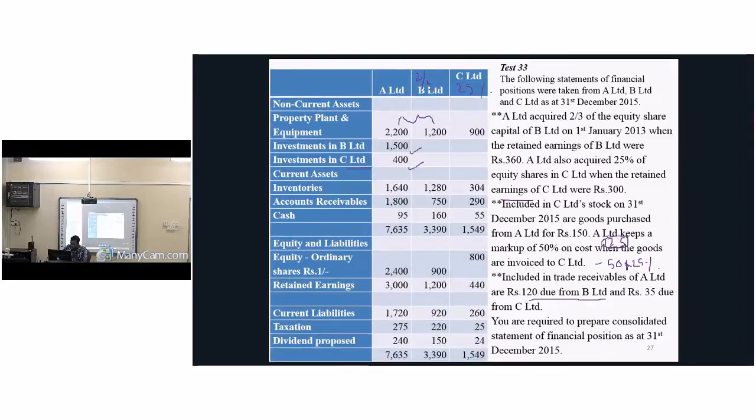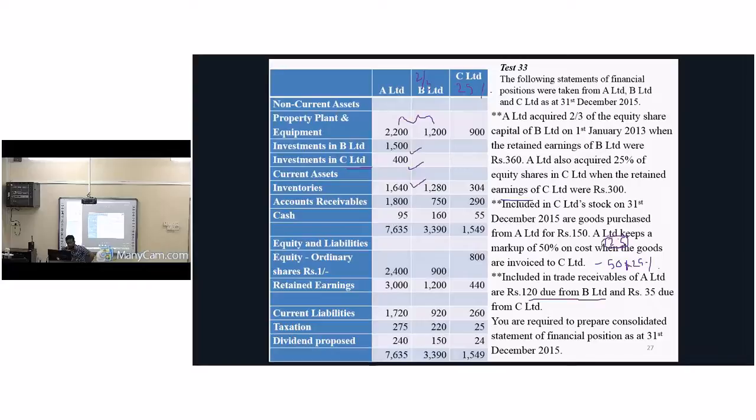Next line, inventories. Is there any adjustment for inventories? There is unrealized profit. But remember that the unrealized profit is not from the subsidiary or parent. It is from the associate. Associate figures are not consolidated.